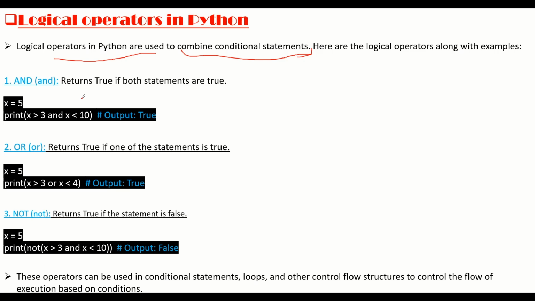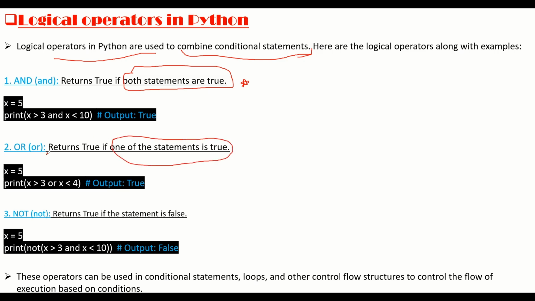So the first logical operator is AND. What does AND do? It returns true if both the statements are true. Okay guys, so here we mark it: if both conditions are true. OR returns true if one of the condition statements is true.